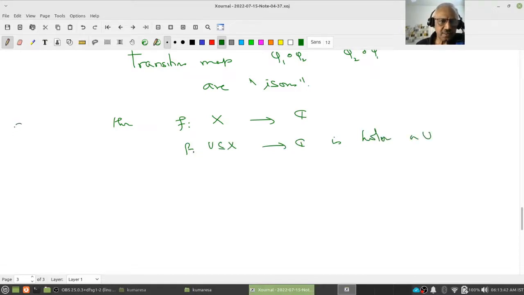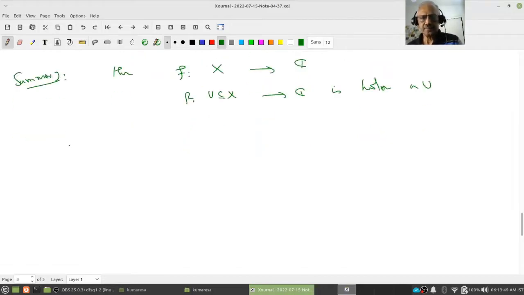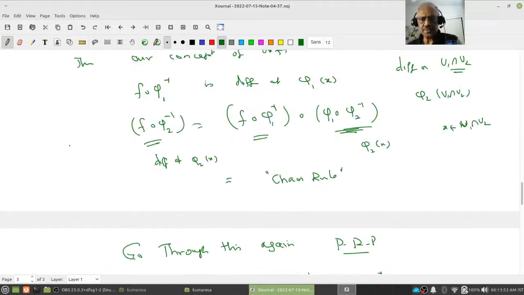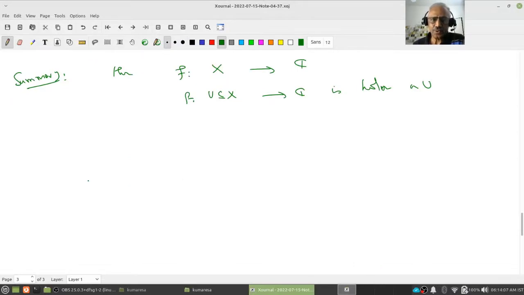This is the upshot. It may be tough, please go through it. These are the chain rule, you should learn how to do that. I hope all of you know how to compute the derivative by using chain rule, so you just plug in, then you will get it. Don't be lazy, please do that.